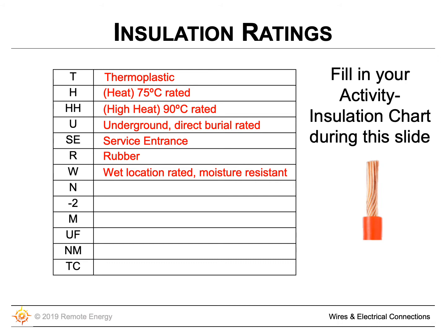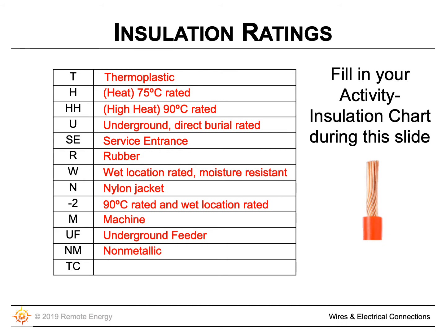So it's not submersible rated, but it can get a little bit wet now and again. There's our -2, which is our higher temp rated and wet location in the same go, which is nice. And there's our UF again, our NM, our non-metallic. That's usually used inside of a wall cavity. And tray cable, TC, which is usually a flexible conductor that has an outer sheath over all the conductors, so it's kind of double sheathed.